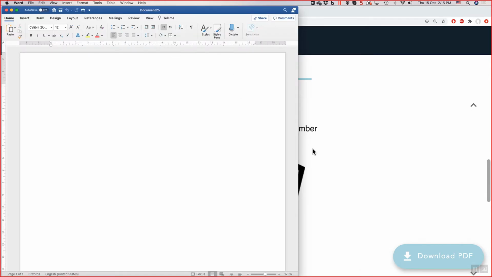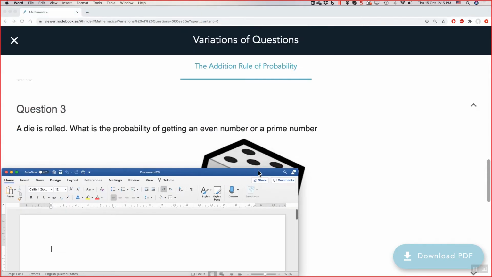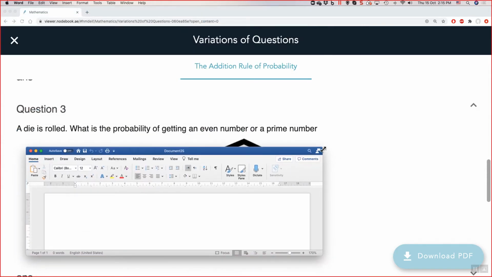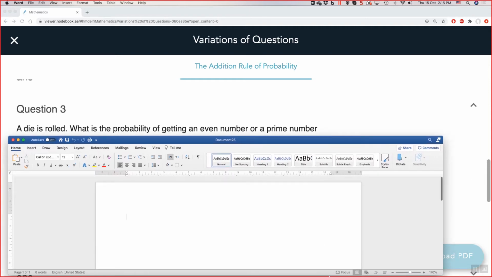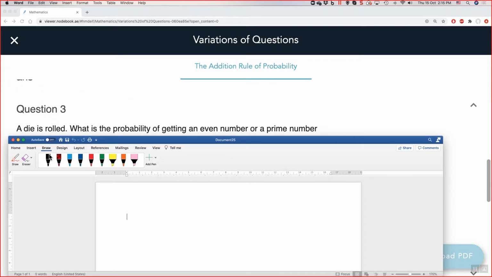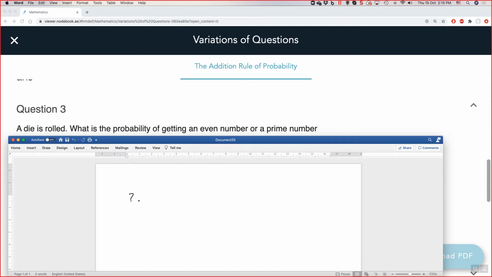What are the even numbers that are in the die? How many even numbers? Yeah, 2, 4, 6. How about 8? No. 2, 4, and 6 only, because this is the die. So this is the event that has even numbers.